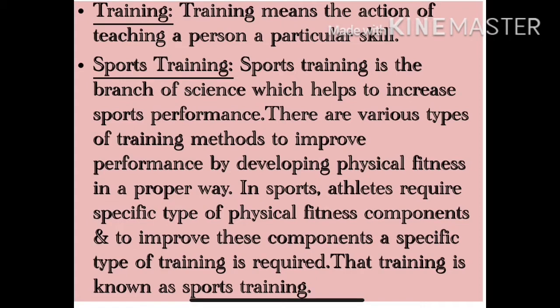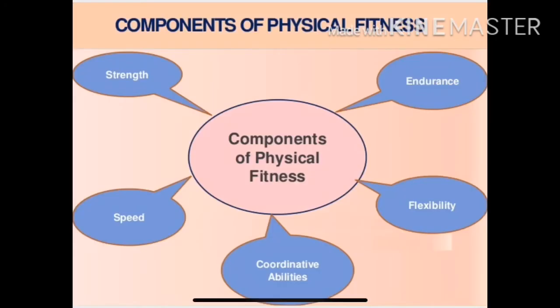There are various types of training methods to improve performance by developing physical fitness in a proper way. In sports, athletes require specific types of physical fitness components, and to improve these components, a specific type of training is required. That training is known as sports training.